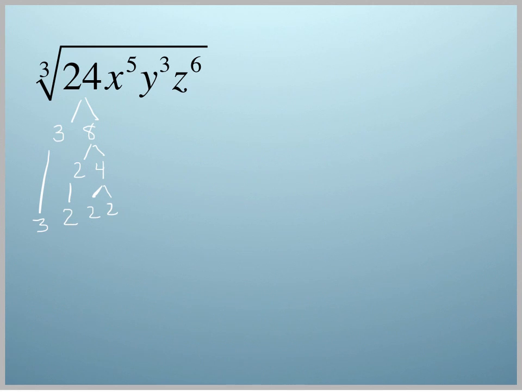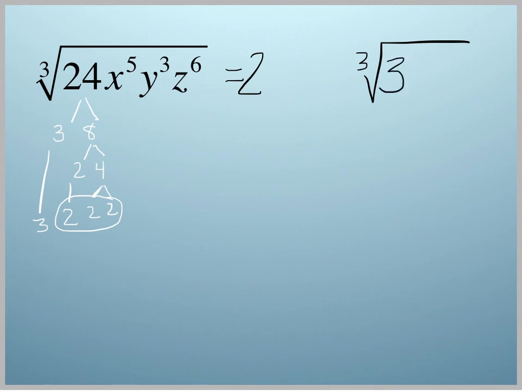So remember we said we're looking for a group of 3. So notice I have 3 2s. So that's going to allow me to take a 2 out for my final answer. So I'm going to take a 2 outside the radical, and then underneath the radical, since I had this 3 right here left over, it has to stay underneath the radical.